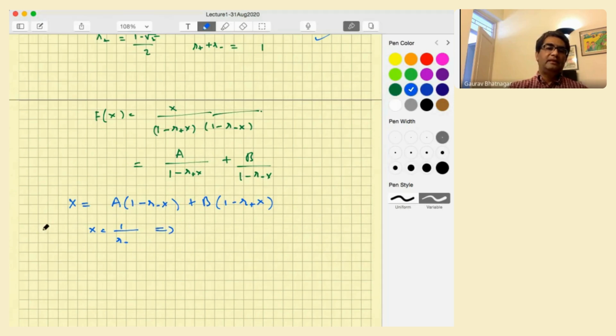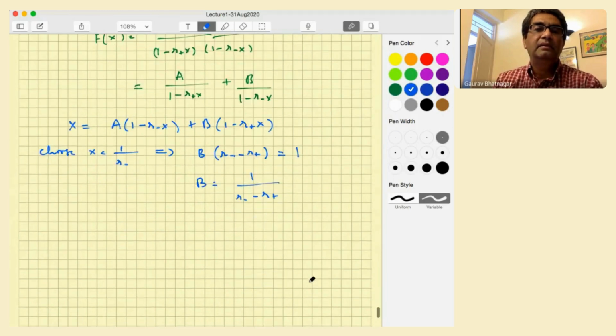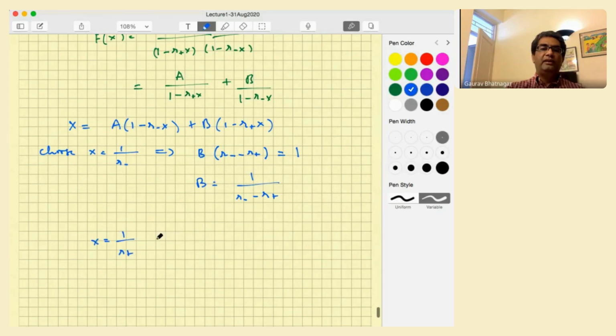So this implies that b times r minus minus r plus over r minus is equal to 1 over r minus, and the r minus gets cancelled. So b is equal to 1 over r minus minus r plus. And we choose x equal to 1 over r plus, so this term goes away.